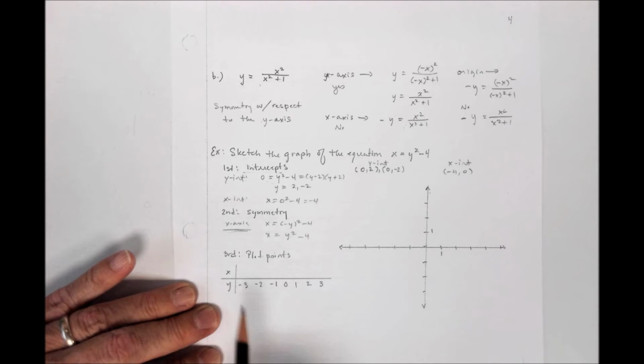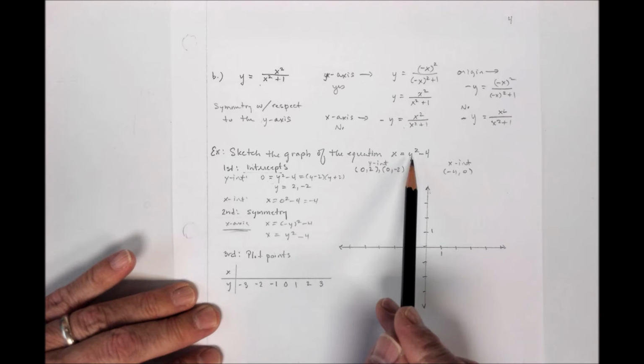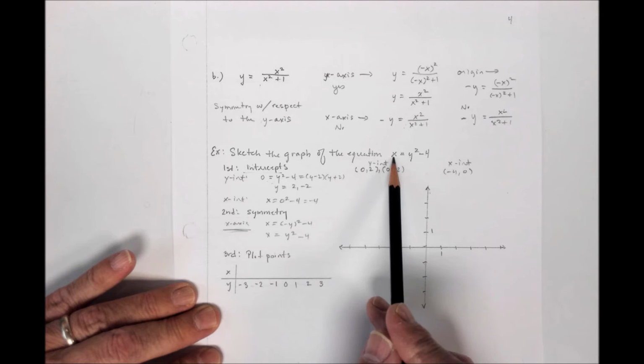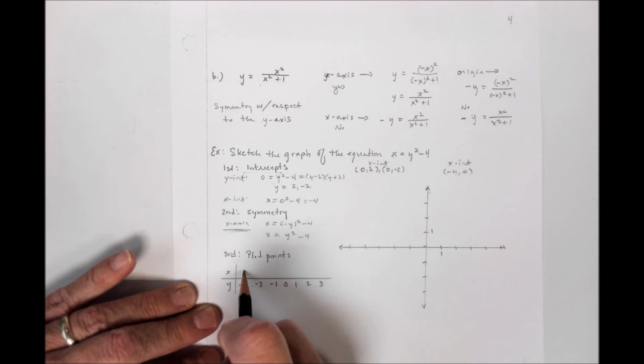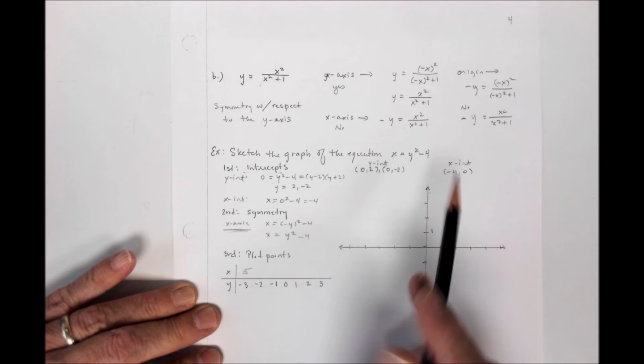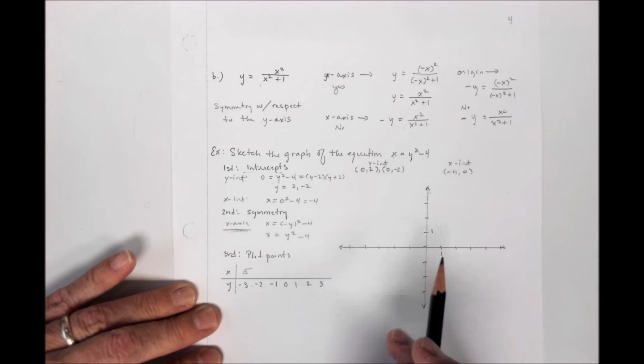Now, all that is useful, especially the fact that I have symmetry, because if I graph above the x-axis, I can just reflect the graph below. But I'm going to plug in some points here. I'm going to plug in negative 3. Notice I'm plugging in for y because the x was already all by itself. And I get 9 minus 4, which is 5. If I plug negative 2 in, I get 4 minus 4, which is 0.